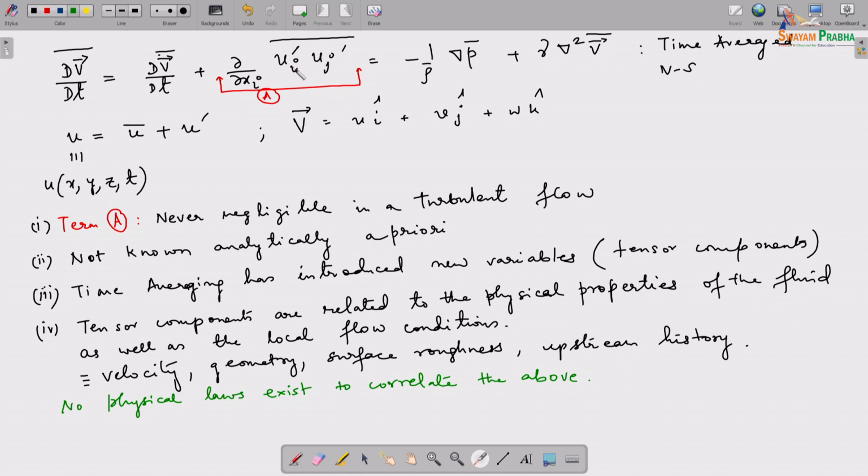What we are understanding here is that, like we just said, this is not known analytically. There is no way to figure out even a little bit as to the possible values, the possible quantification of this term. Now this term has resulted because of the time averaging, and we're doing that only to assess turbulence.